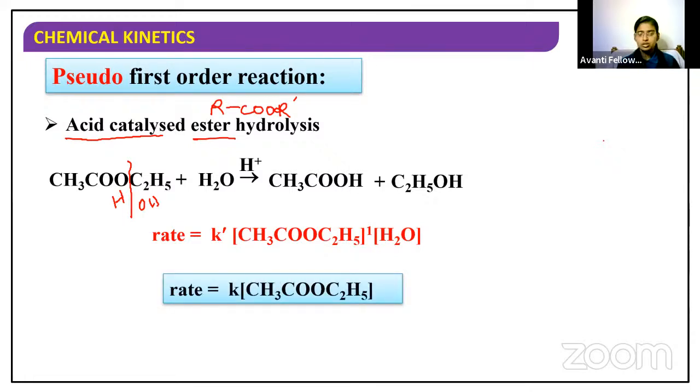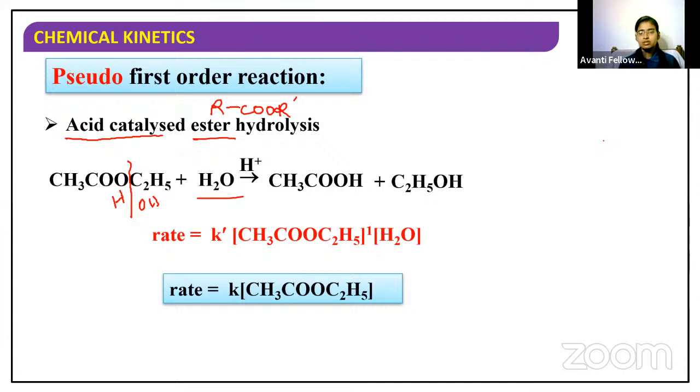K dash into concentration of H2O is nothing but K. So the name of this ester is ethyl ethanoate. You can take any ester, no problem. Here we are neglecting the water because it is present in very excess. Inversion of cane sugar and acid catalyst ester hydrolysis.